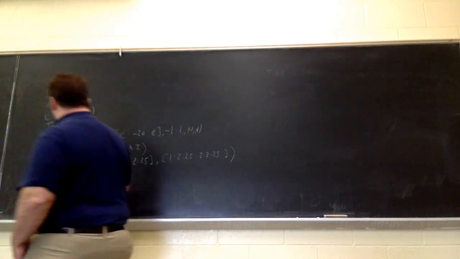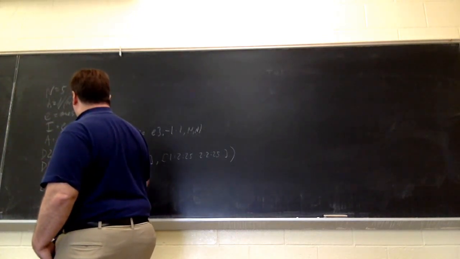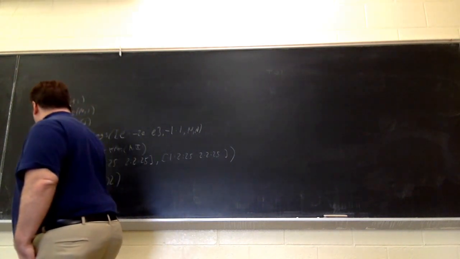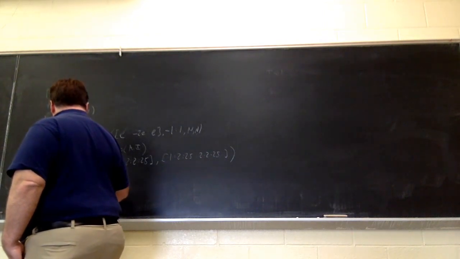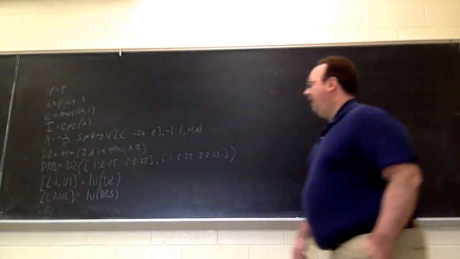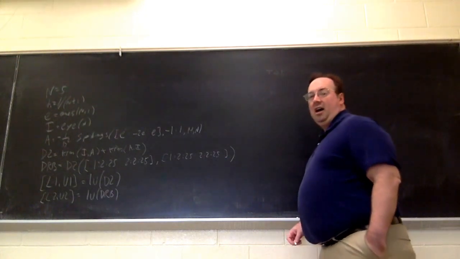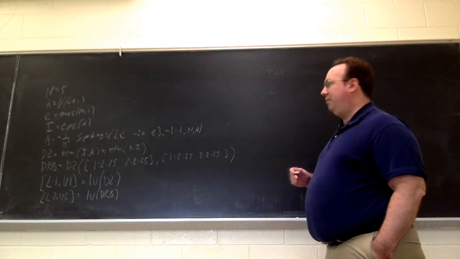So like L1U1 would be the LU decomposition of D2, and then same thing for DRB. And then once you have that, I want to look at the structure of both side by side, the contrast.